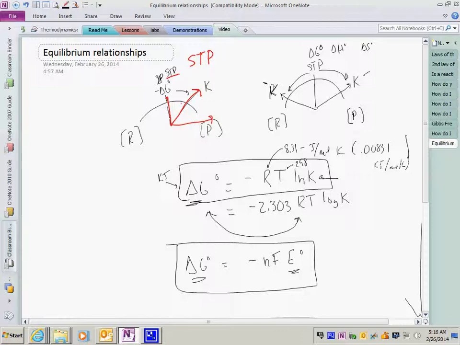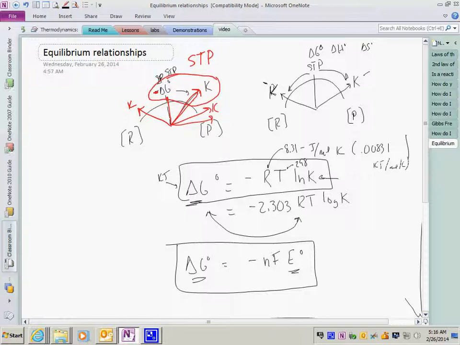Now, in this case, if this spot never changes, different reactions might have different endpoints, I might be over here, I might be over here, but if I'm starting from right here and I'm looking at a product favored reaction, delta G will be negative, and the magnitude of that negative depends on how far down my K is. That means the farther the K is down here, the more I had to pull it back to get to my STP. So there is a relationship between delta G prime, my standard starting point, and where my ending point is.